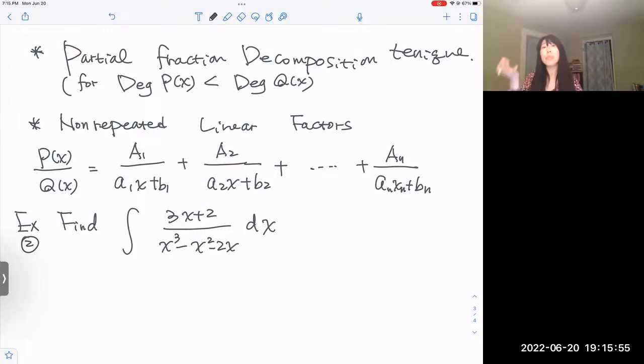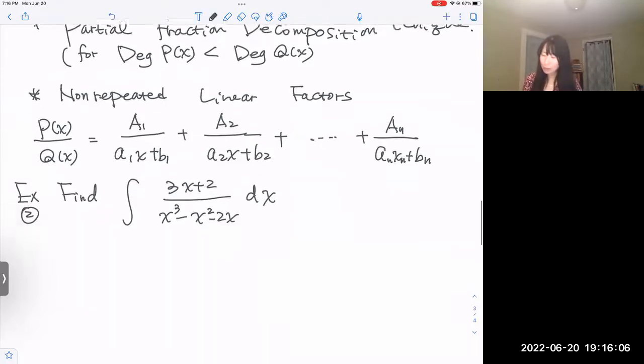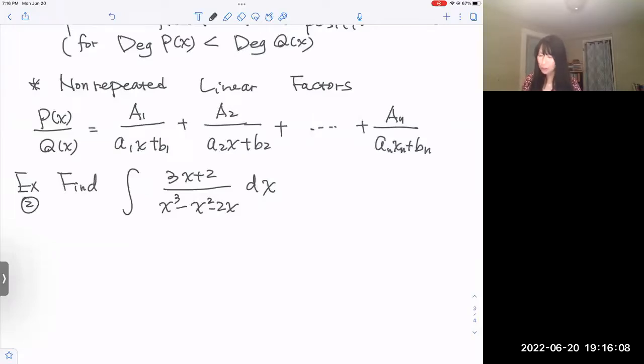So in this problem, degree of numerator is less than degree of the denominator, right? 2 degrees less. Okay, now can you please factor out denominator? This one? Oh, we can factor out an x.